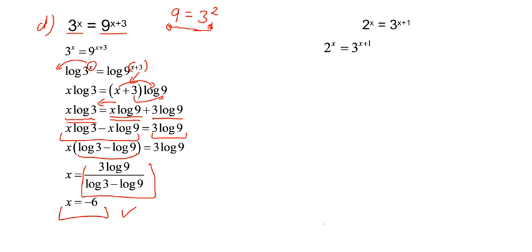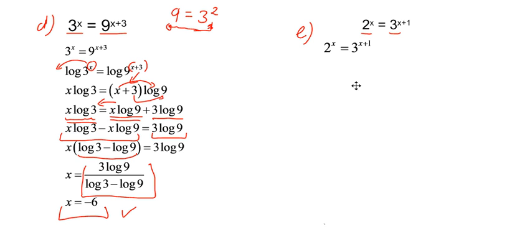So the one on the right-hand side, let's call it question E. Since the base on the left side does not equal the base on the opposite side, there's no way that we can convert into one common base. So the only option that we have here is to use logs.